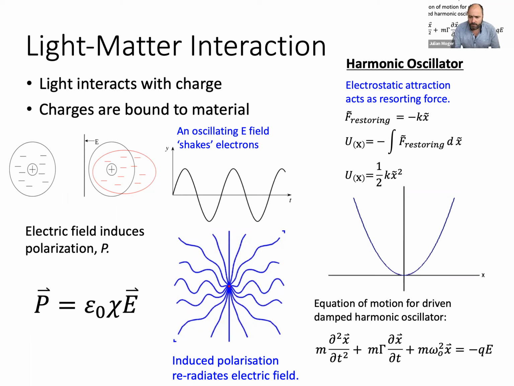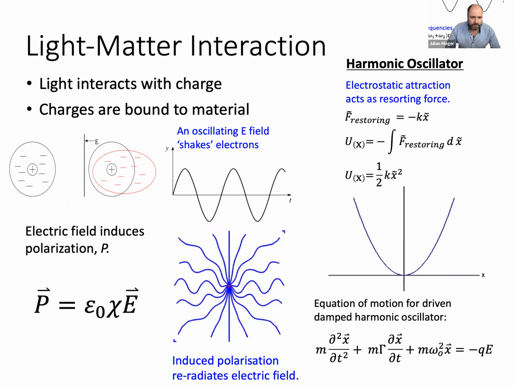So we integrate the restoring force over distance, and we get a parabola term, half kx squared, and we get this nice parabola. Effectively, we're driving the electrons backwards and forth, and they're sat in this nice parabolic potential, and we get the equation for the harmonic motion of a damped harmonic oscillator, where the electric field is the driving force.